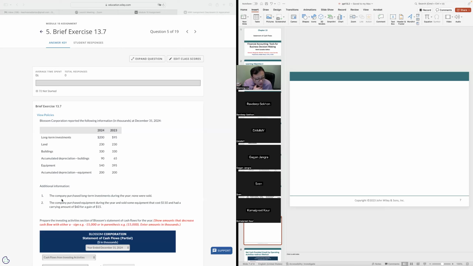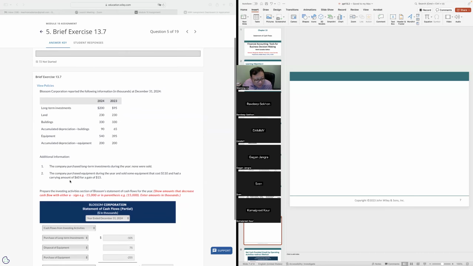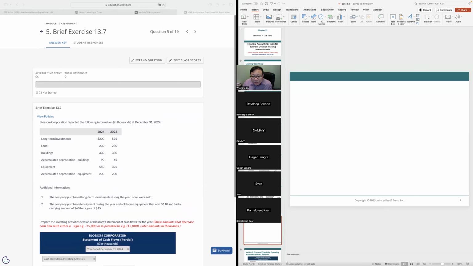The cost is 110,000, had a carrying amount of 60, for a gain of 15,000. So prepare the investing activity section. Again, first, you have to write down investing activities.